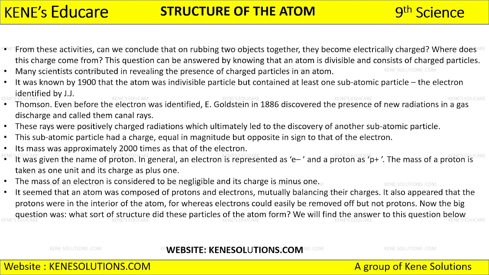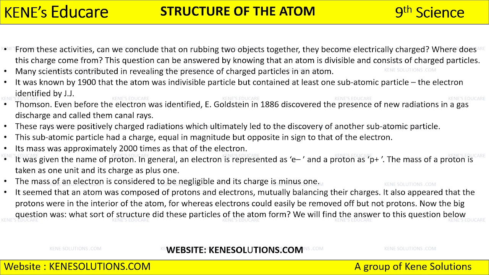Then it was given the name protons. In the journal, the electron is represented as e minus, with the negative on top, and protons are represented as p plus. So the mass of a proton is taken as 1 unit and its charge as plus 1. How do we take the mass of the proton? It is taken as 1 unit and the charge is plus 1.